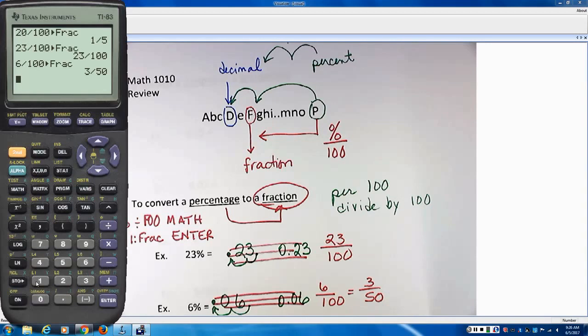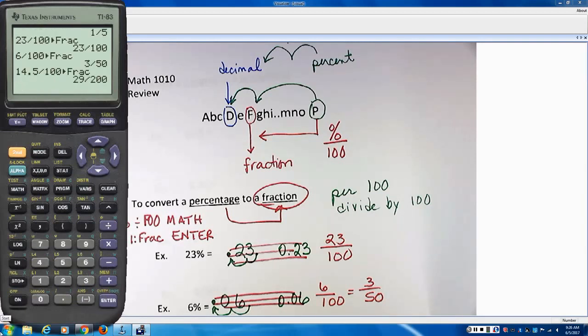And you do the same thing with 14.5%. 14.5 divided by 100, and then math, and choose the very first one, and hit enter, and it says that's 29 over 200.